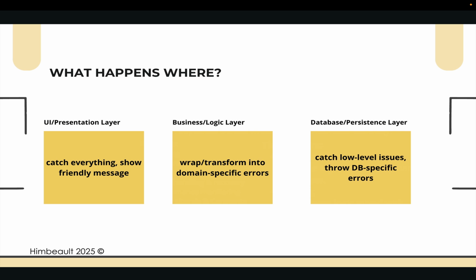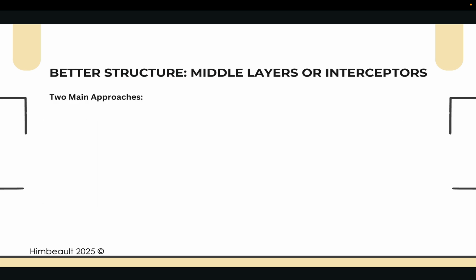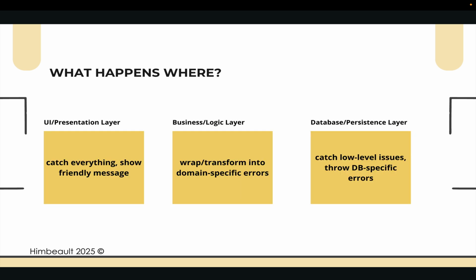And then the database or the persistence layer, its job is to catch those low-level issues and throw database-specific errors. So here we are just talking in general about how we want to handle error messages and who's responsible for what, so that we can figure out what structure we need when it comes to these cross-cutting concerns like error handling.